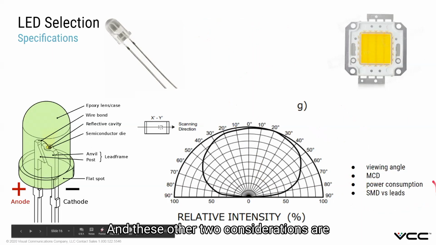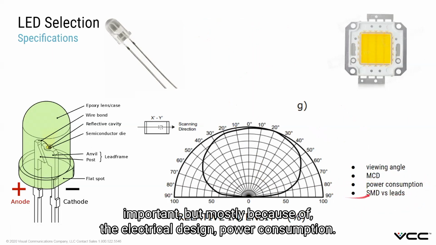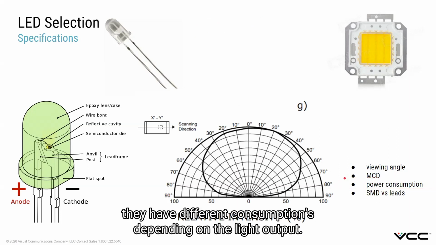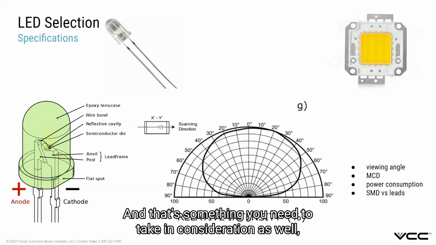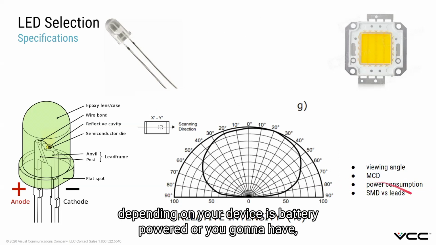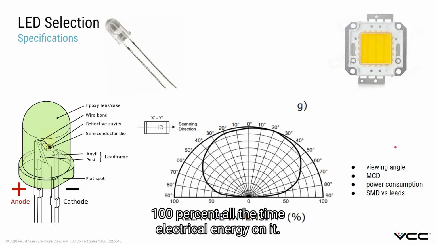These other two considerations are important, but mostly because of the electrical design and the power consumption. LEDs have different power consumptions depending on the light output, and that's something you need to take into consideration as well, depending on whether your device is battery powered or you're going to have electrical energy on it 100% of the time.